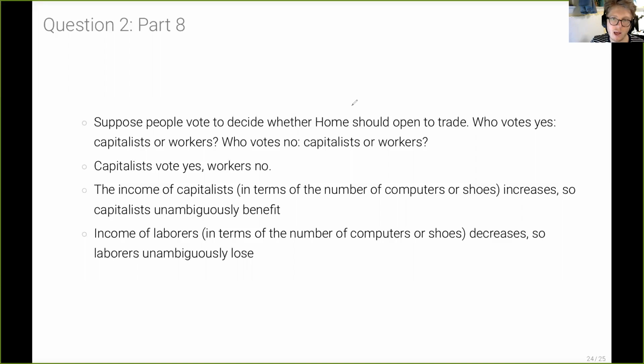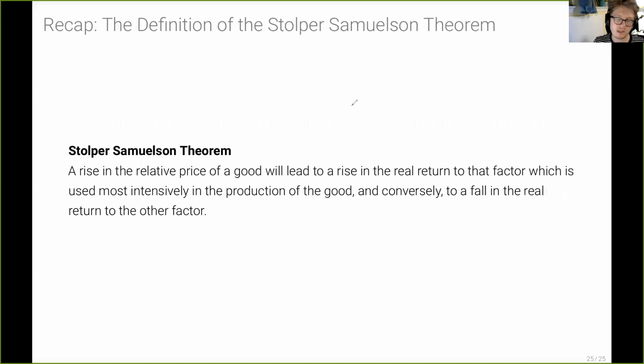And so hopefully with this numerical example, we've demonstrated to you some of the results of the Stolper-Samuelson theorem. Recall that the Stolper-Samuelson theorem says that a rise in the relative price of a good will lead to a rise in the real return to the factor which is used most intensely in the production of that good, and conversely a fall in the real return to the other factor.